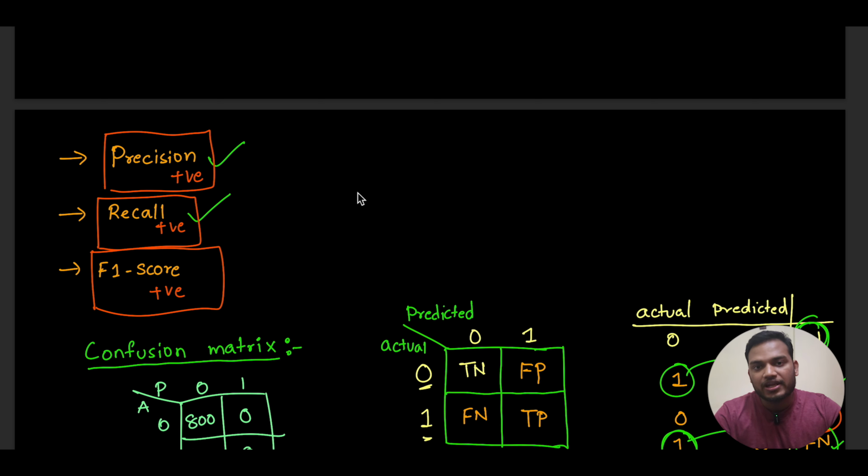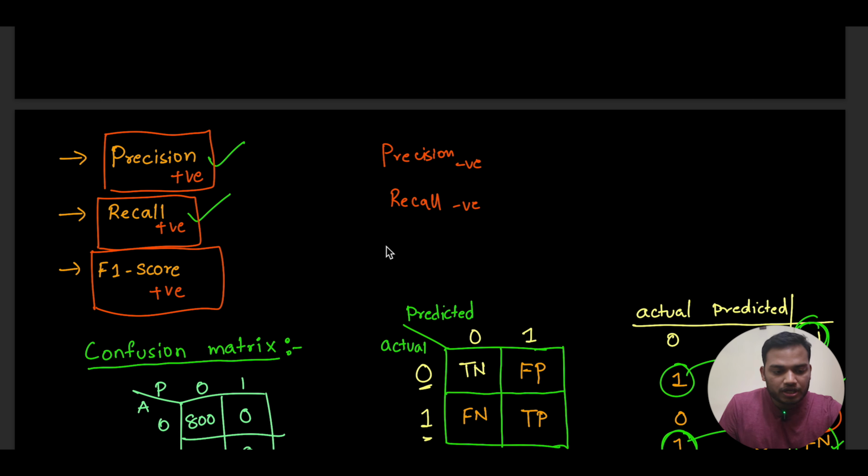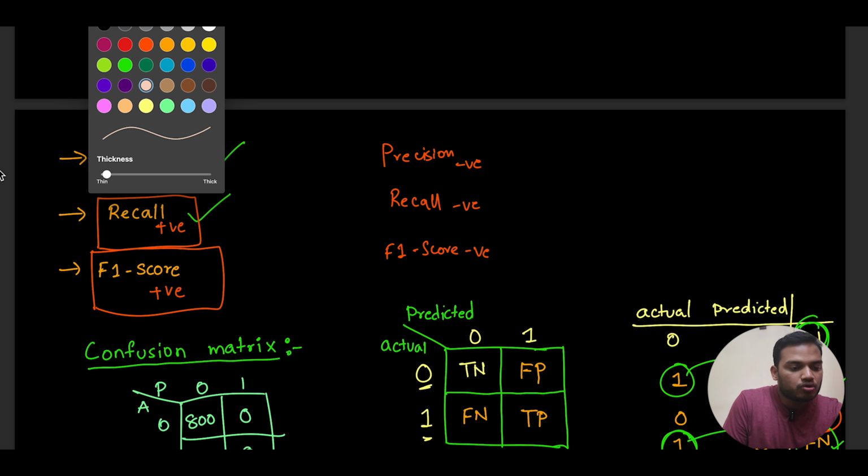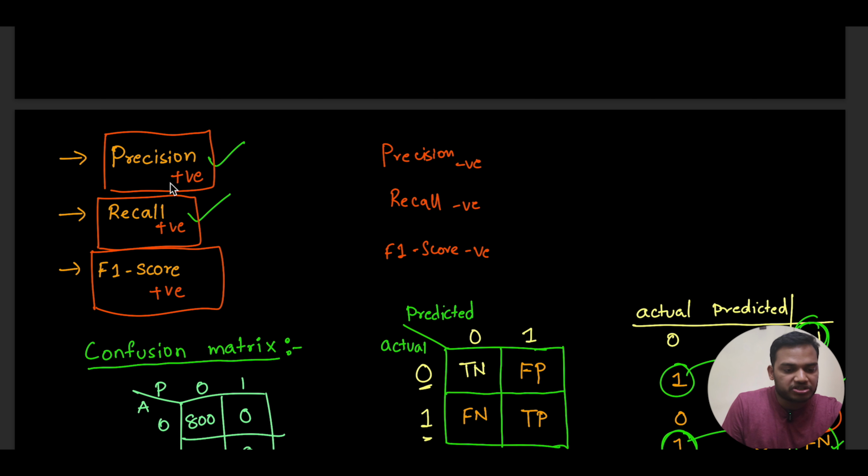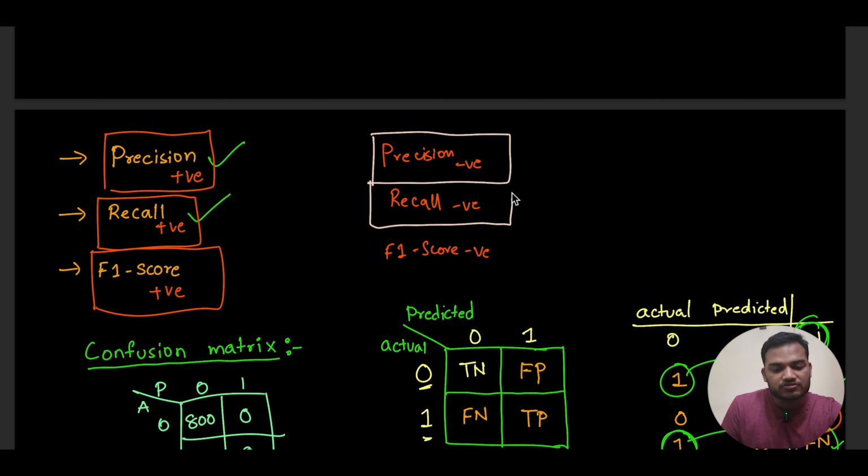Now in order to calculate the same metrics on the negative class as well, we have three more terms: precision for negative class, recall for negative class, and F1 score for negative class. Now let's see how these formulas will change. We know the formulas for precision positive class, recall positive class, and F1 score positive class, right? Now let's see how precision negative class, recall negative class, and F1 score negative class will look.